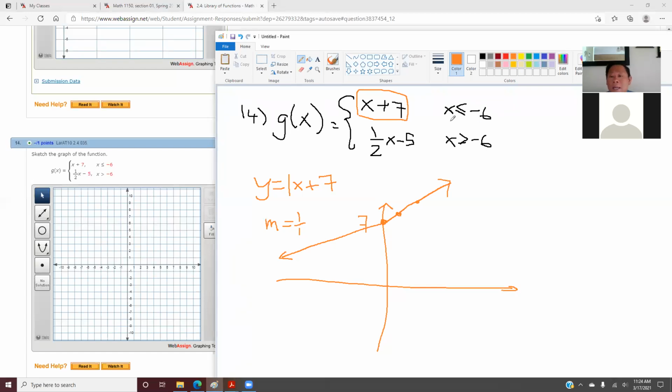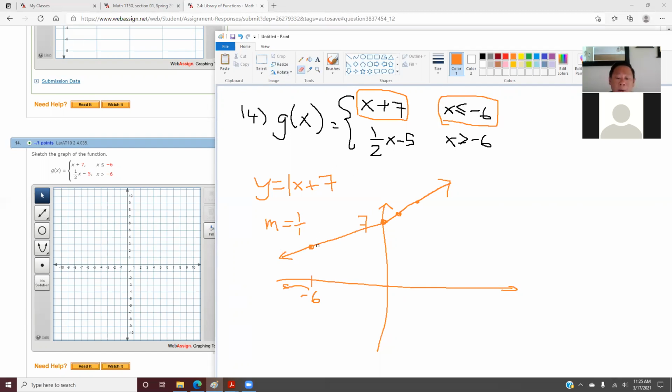But it has a domain restriction. What does this domain restriction say? It says that at -6, you can only draw this graph when x is less than or equal to -6. So at -6 and below, you take it.